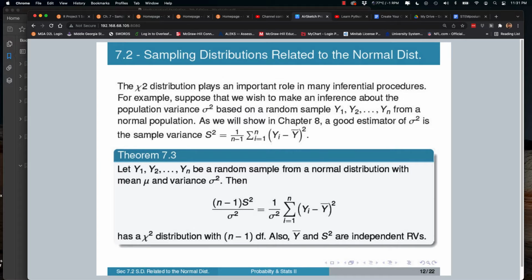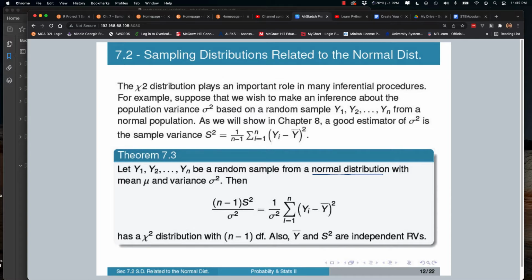Okay. So theorem 7.3 kind of defines it out for us, and it says let y sub 1 through y sub n be a random sample from a normal distribution. Again, important that it's normal, with mean mu and variance sigma squared. Then technically the test statistic here, n minus 1 times s squared over sigma squared, is actually equivalent to 1 over sigma squared times the sum of y sub i minus y bar squared.